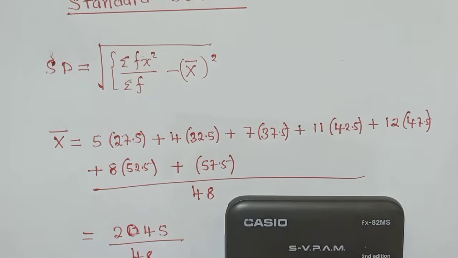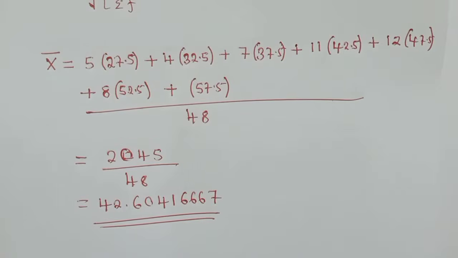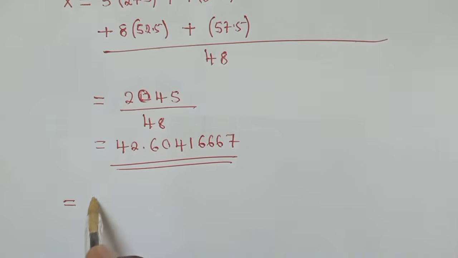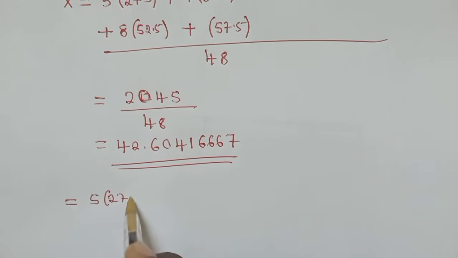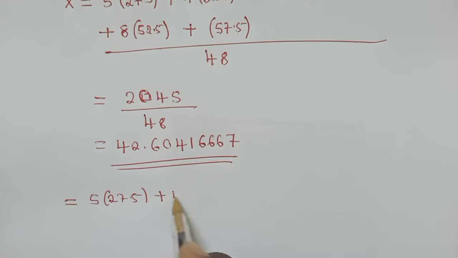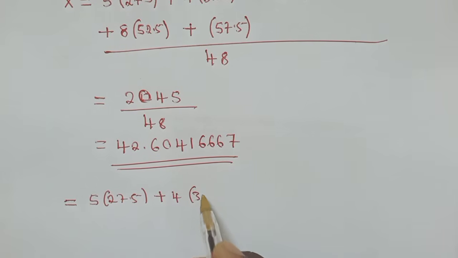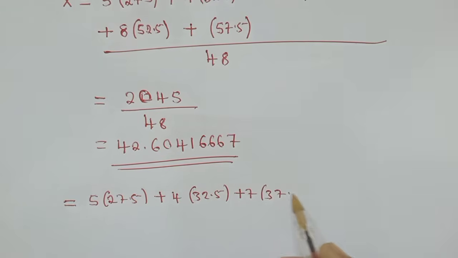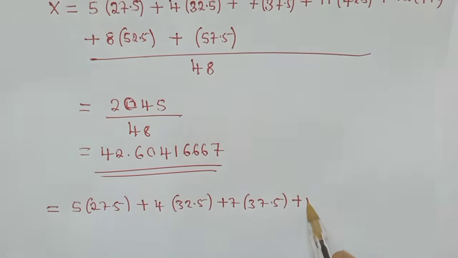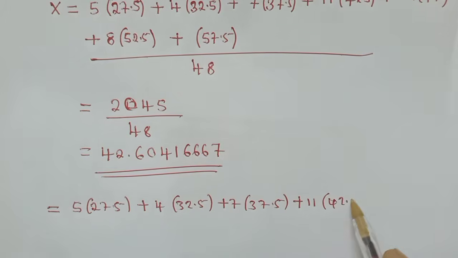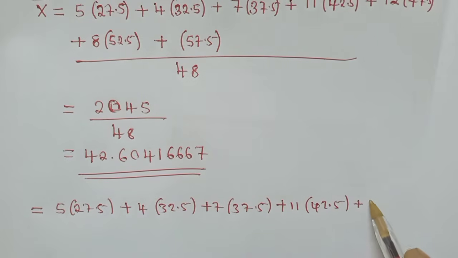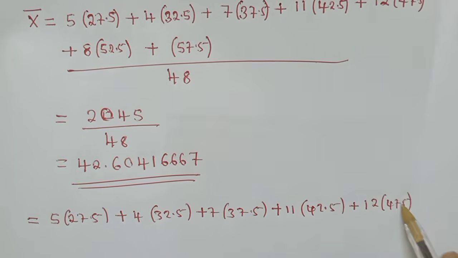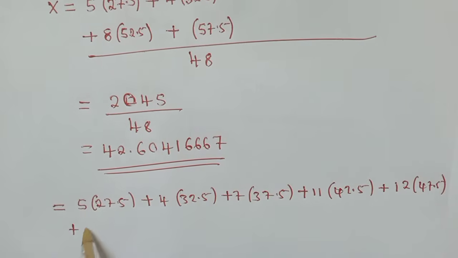So without wasting our time, we copy everything from this stage. So we have 5 open 27.5 plus 4 32.5. Just copy everything. I'll tell you the reason why we are copying. Just copy everything the way it looks.